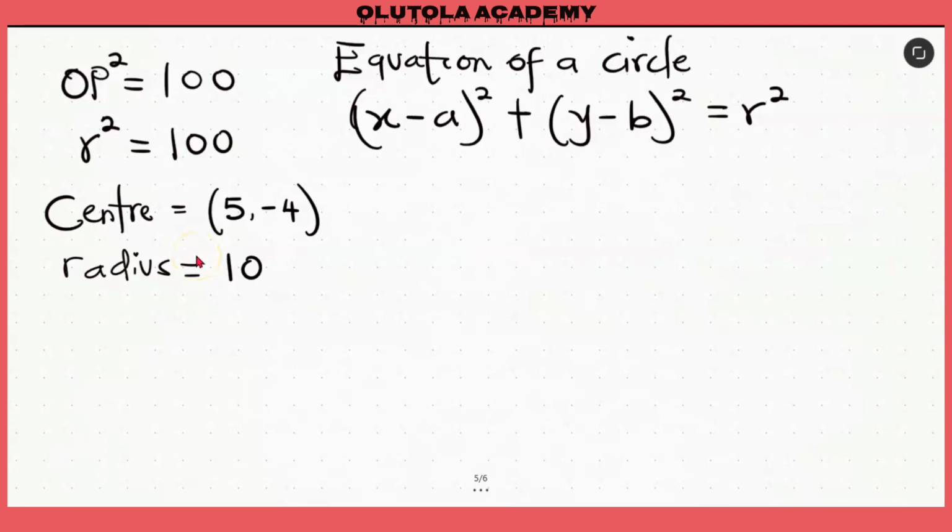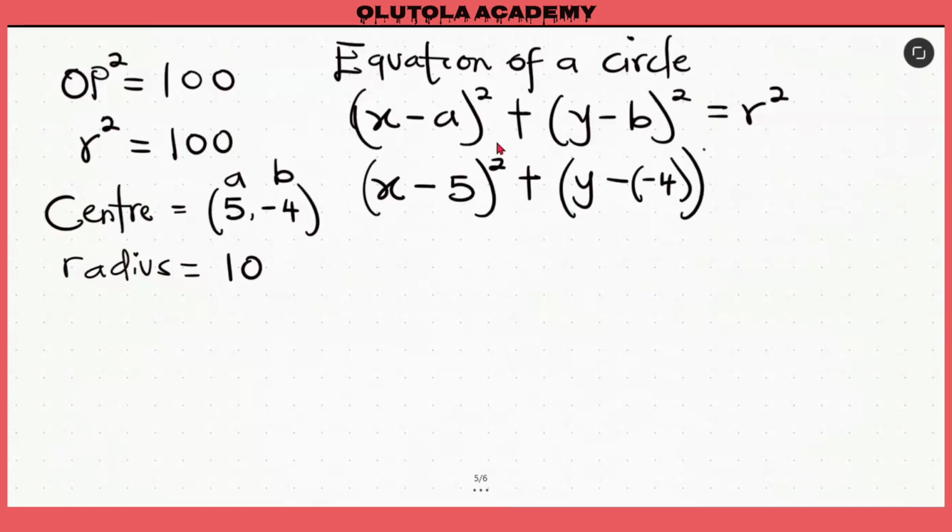So my a is going to be 5 and my b is going to be -4. I'll put that in this equation now. I'm going to have (x minus 5) squared plus (y minus -4) all squared equals r square, which is 100. R is 10, r square is 100.